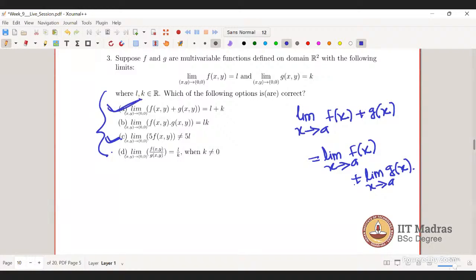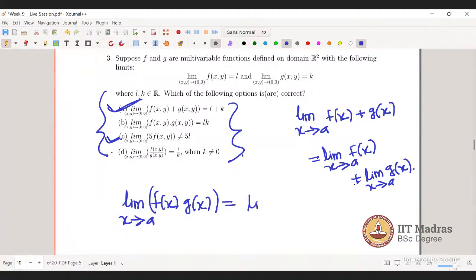These are really helpful properties. You can apply them to get the limit of maybe some complicated function. Similarly, in case of one variable, we also have the limit as x tends to a of g of x, the limit theorem.